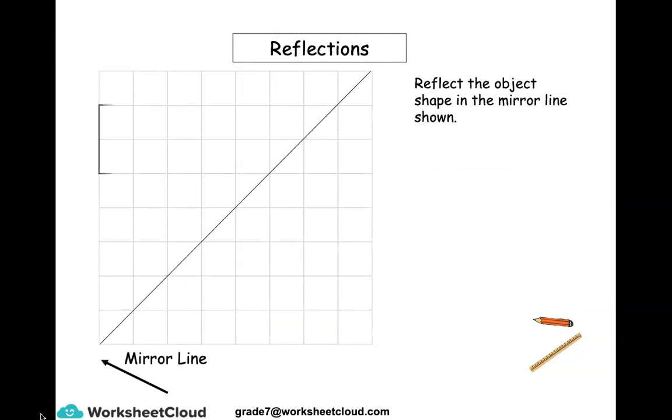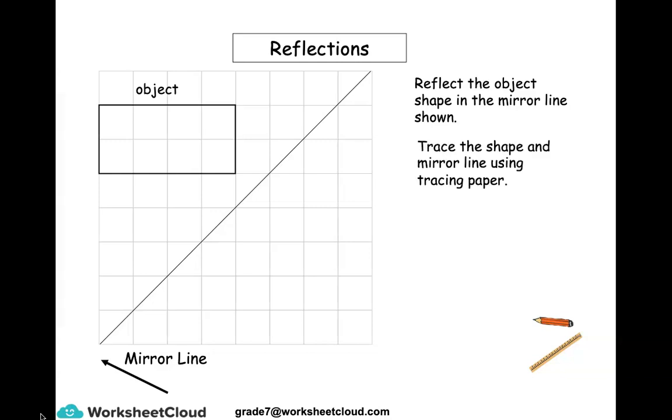Another example is a diagonal line of symmetry. Sometimes these ones are tricky to work out if you don't have a piece of tracing paper or a mirror handy. But if you do have your tracing paper, you can draw over the object and draw over the mirror line.